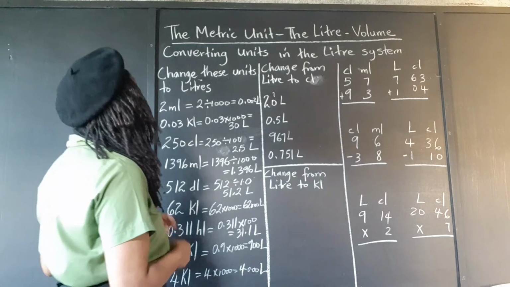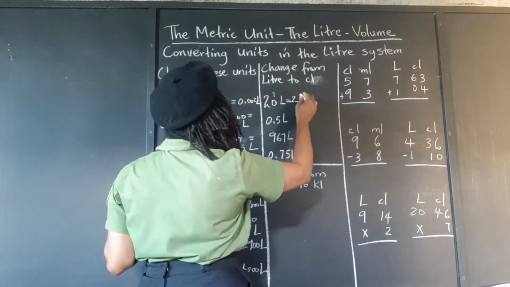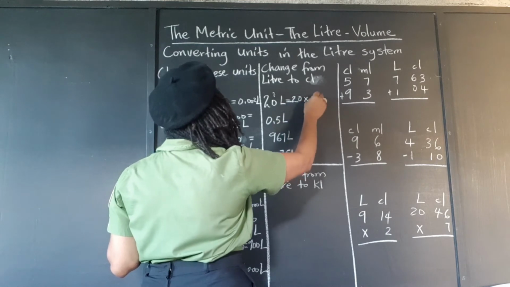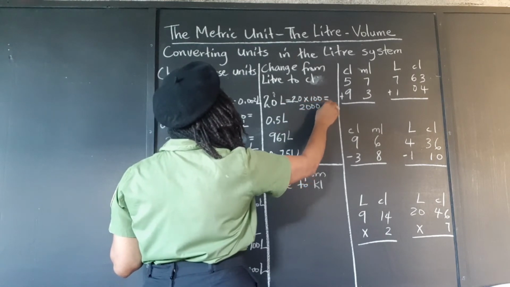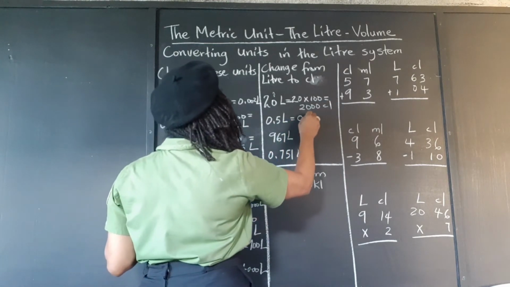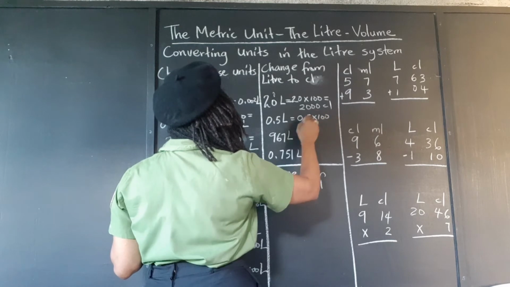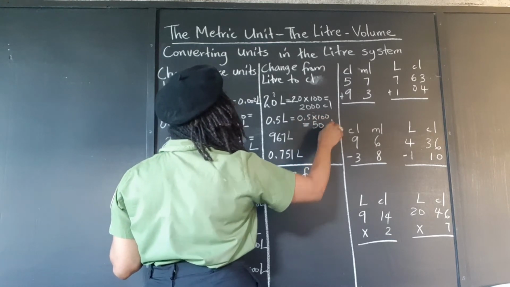So changing from liter to centiliter, bigger unit to smaller, we're going to multiply. So that gives us 2,000 centiliters. Multiplying by 100, that gives us 2 places, 50 centiliters.